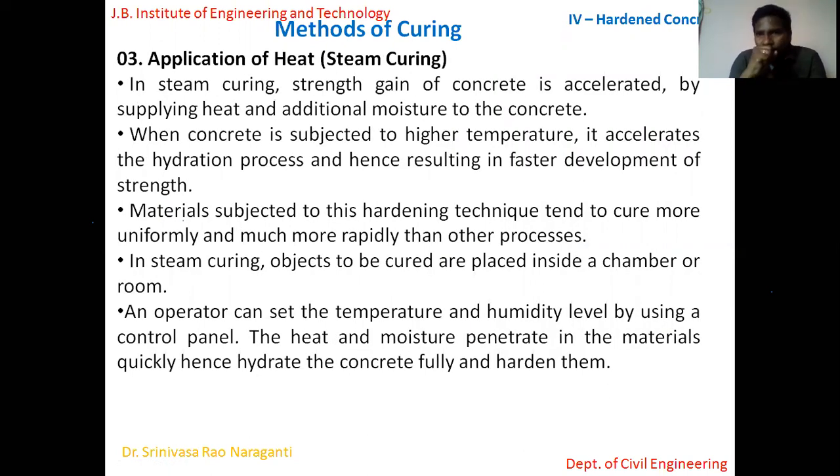One more method we mostly use is steam curing. In steam curing, we place concrete specimens or concrete elements in an airtight chamber where steam is applied for the curing. Mostly we use this for a few fabricated structures.